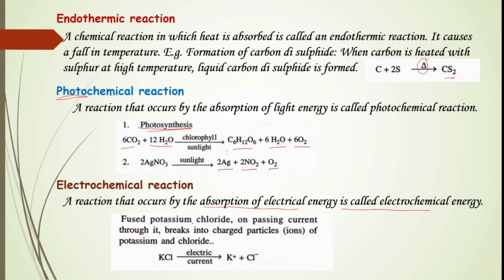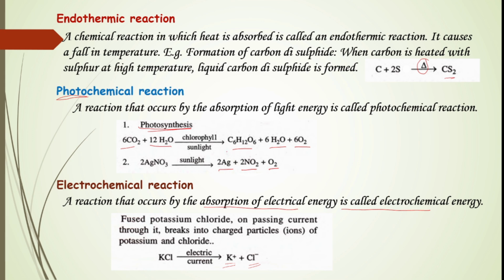Fused potassium chloride, on passing current through it, breaks into charged particles or ions of potassium and chlorine. So this reaction takes place by the passage of electricity, and such a reaction which takes place with the help of electrical energy is known as an electrochemical reaction.